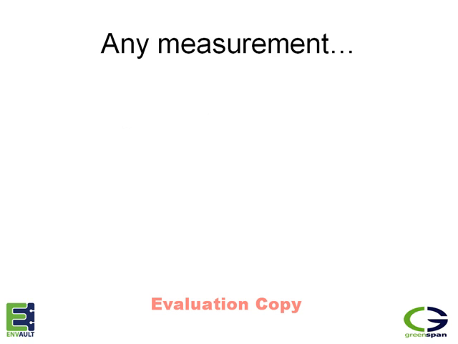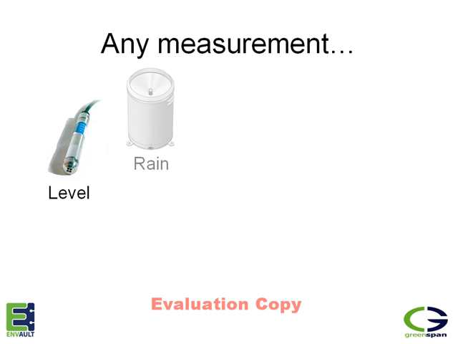When we talk about any measurement, it truly is any measurement. So any signal that can be measured by field instrumentation can be connected up to the ENVAULT system. It can include level from a hydrostatic pressure sensor through to a shaft encoder through to a radar or ultrasonic sensor. It can include rainfall from a tipping bucket rain gauge.